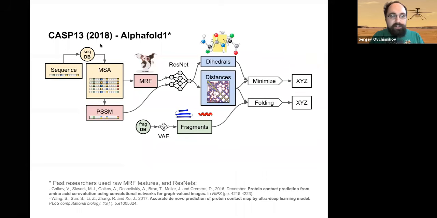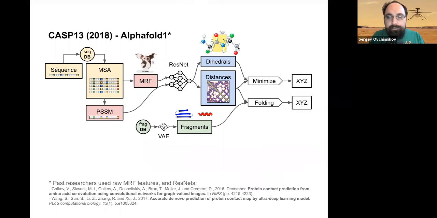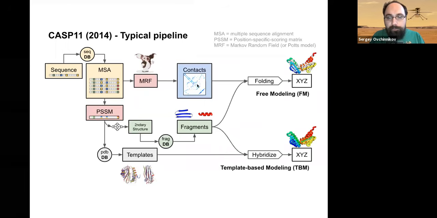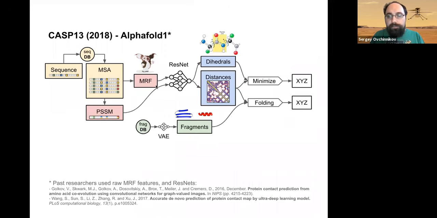One thing that changed with AlphaFold 1 is that, if we step back a little, instead of going through a phase where we take the contacts and try to fold the structure, one of the advancements was to take the raw features from a Markov random field and pass them to a ResNet, a neural network.